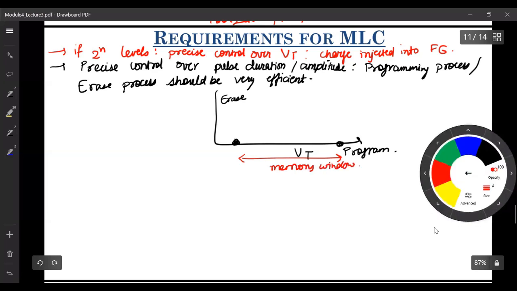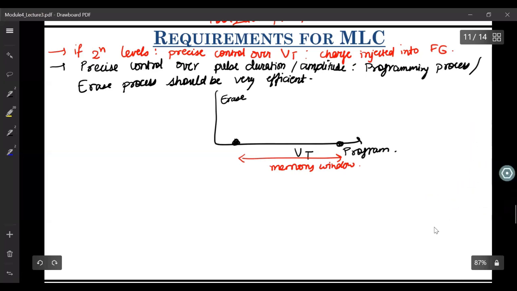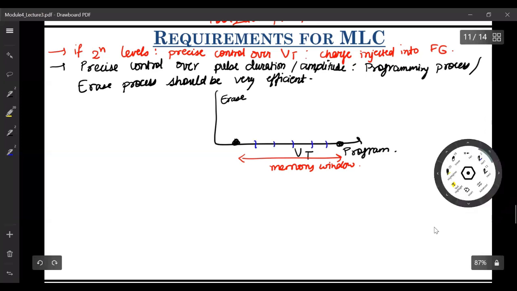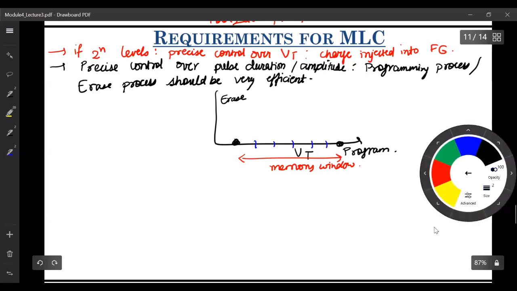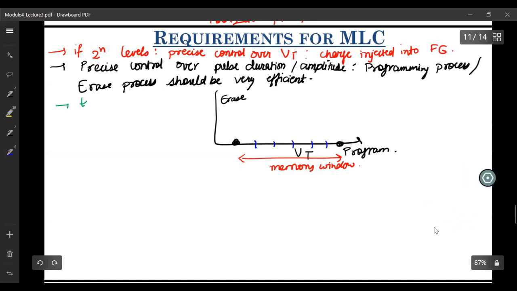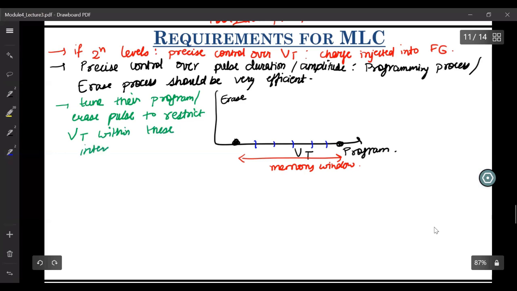What people tend to do is quantize this threshold voltage range between the extreme program and extreme erase states into several different intermediate levels, and then they tune their programming or erase pulse to restrict the threshold voltage of the floating gate cells within these intermediate ranges.